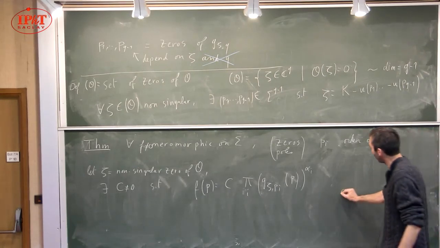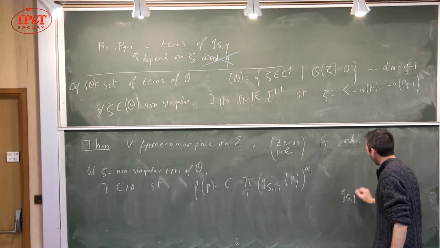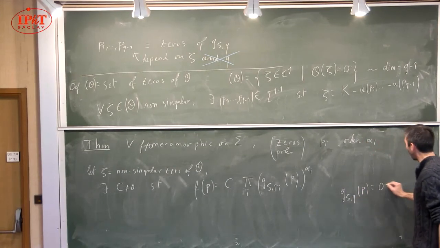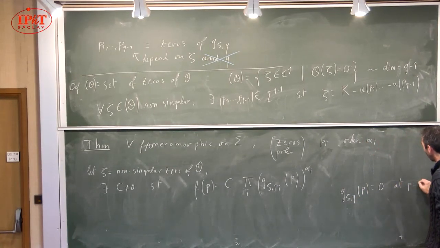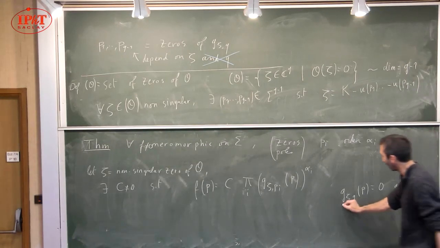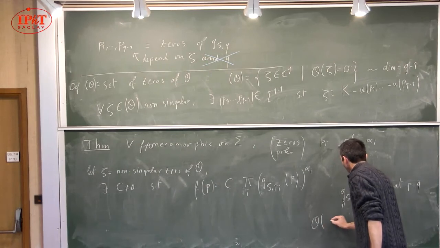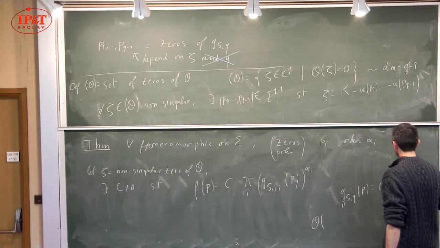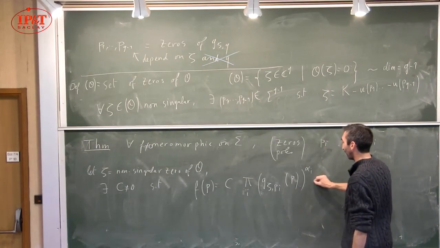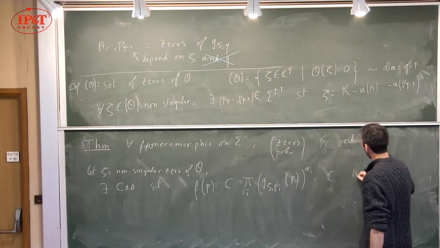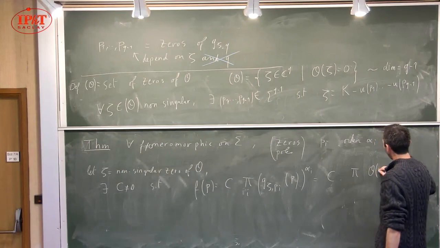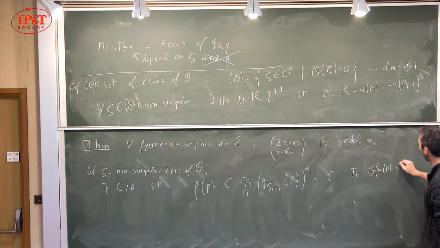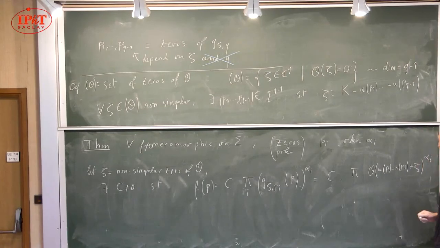Remember that g zeta q of p equals 0 at p equals q, because it was in fact theta of ... So let me write this as follows: it's C times the product of theta of u of p minus u of pi plus zeta to the power alpha i.